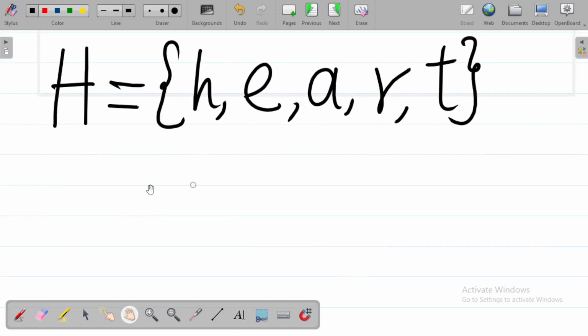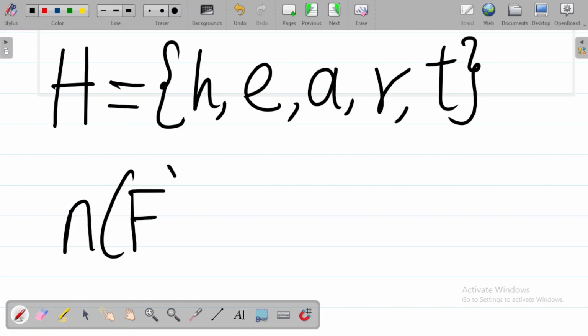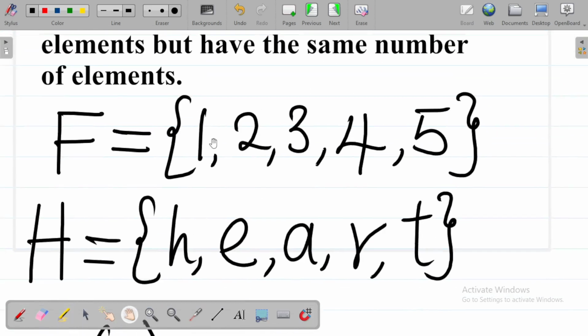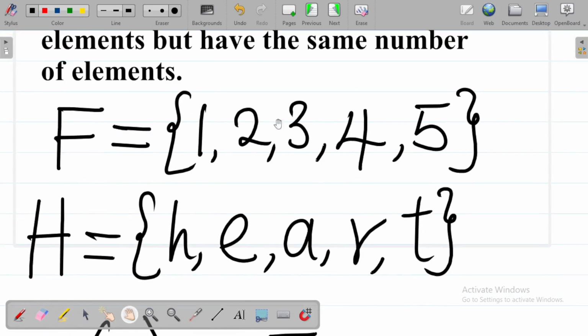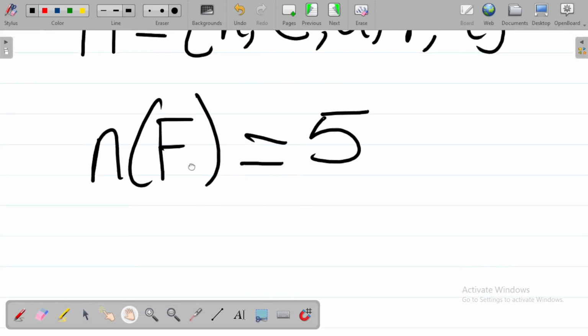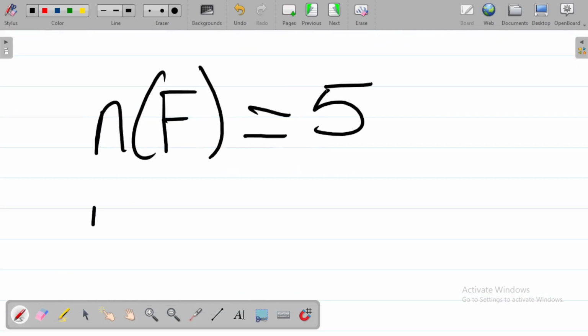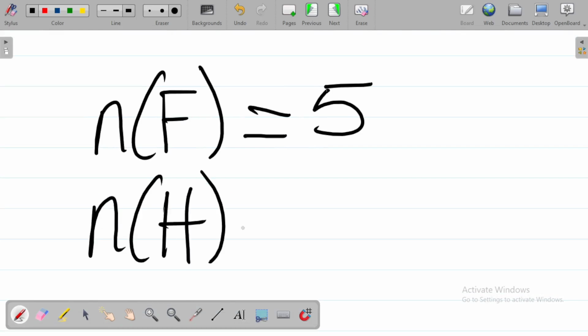Now let's find the cardinality of both sets. For F, the cardinality of set F is equal to 5 because it has 5 elements. Let's count: 1, 2, 3, 4, 5. Now let's find the cardinality of set H. The cardinality of H is equal to 5.